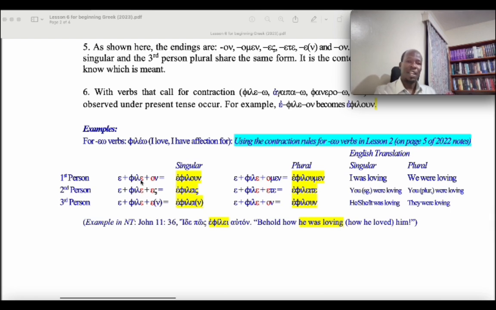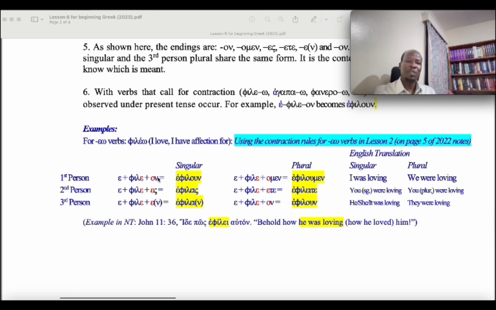The stem ends in a vowel, epsilon. Of course, we have skipped room 3, which would have required us to provide the sign of tense, but for the imperfect we don't need it. So here you have the ending.